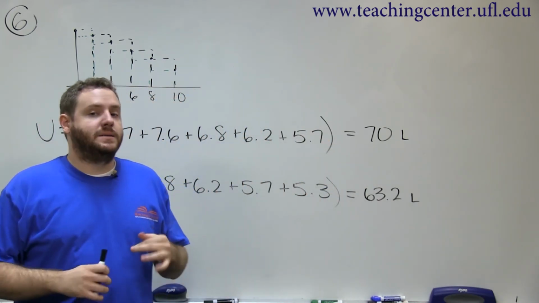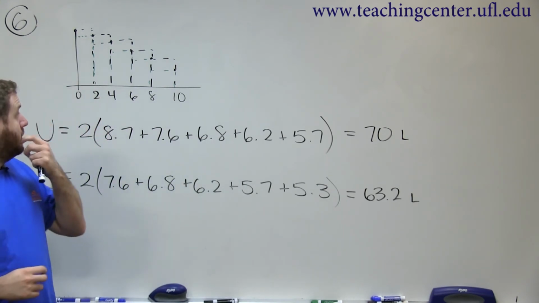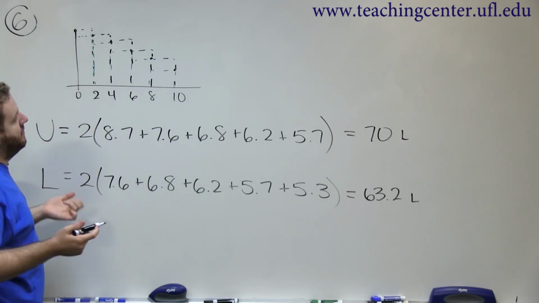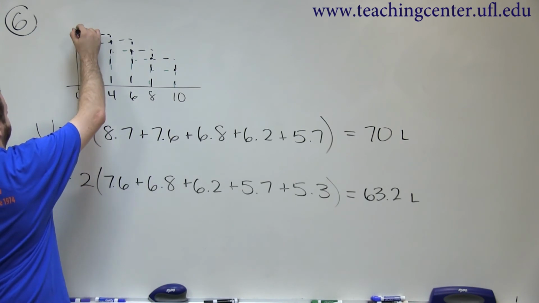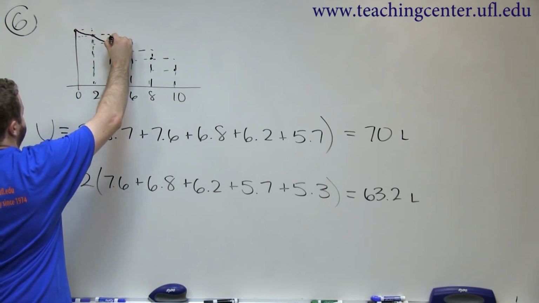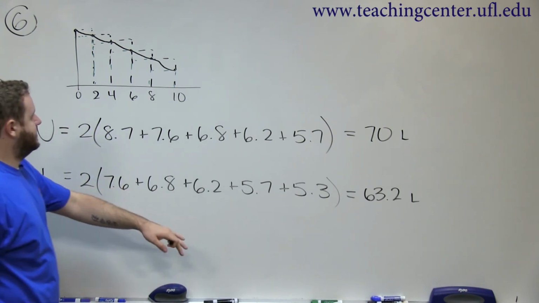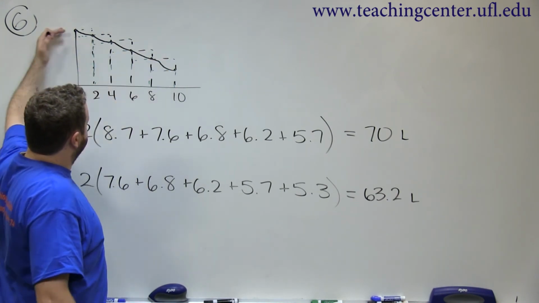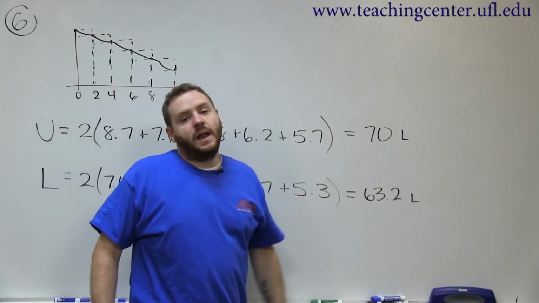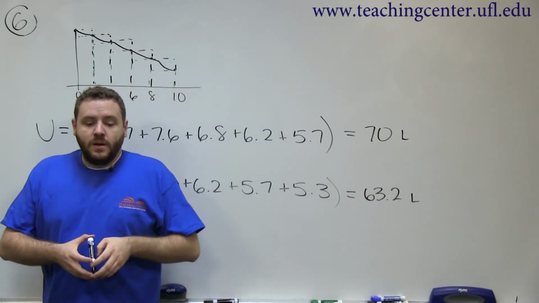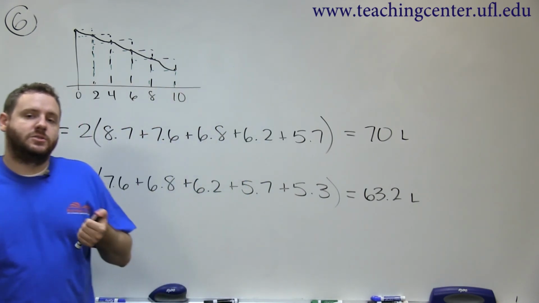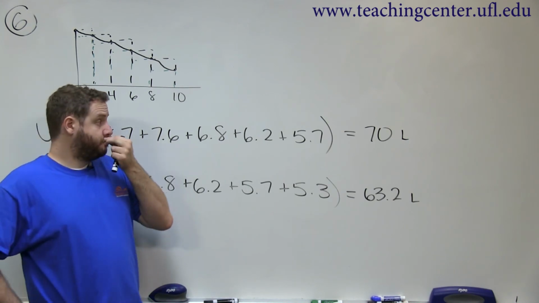Obviously, the reality is somewhere in between those two, because we don't know how this graph curved, right? If it was a curve that was closer to the green line most of the time, then it would probably be closer to 63.2. But it's possible that it was an overarching curve like that, and it was maybe closer to 70. So Riemann sums like this are just a way of estimating areas.